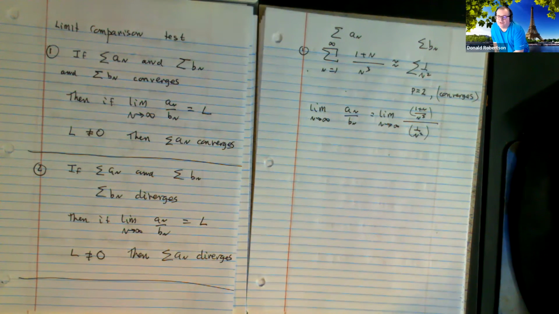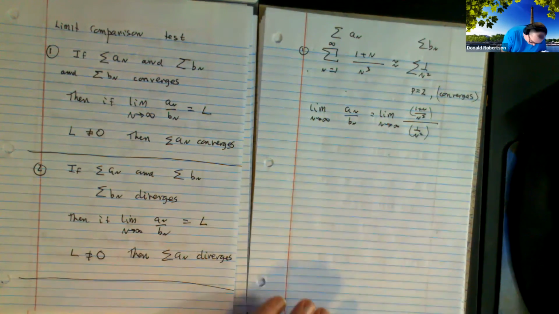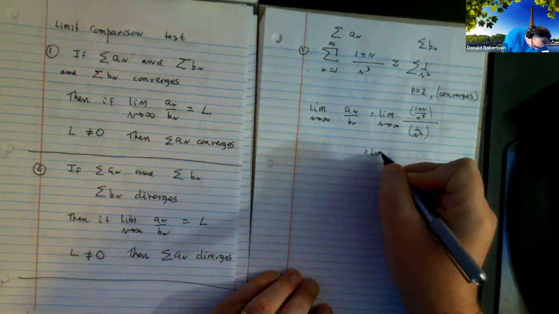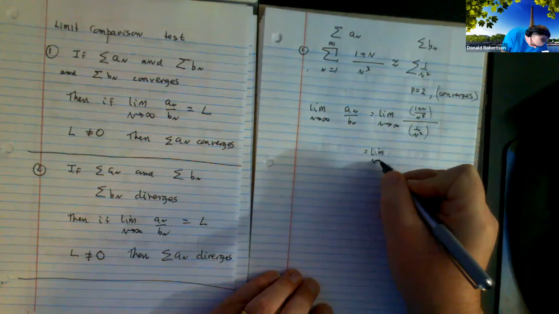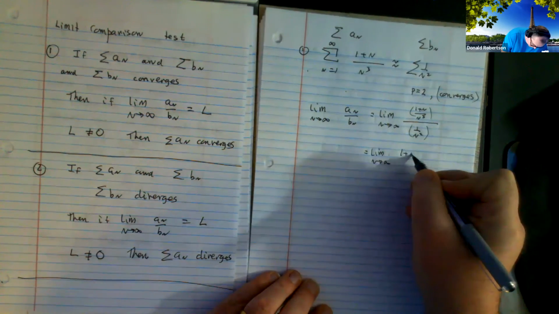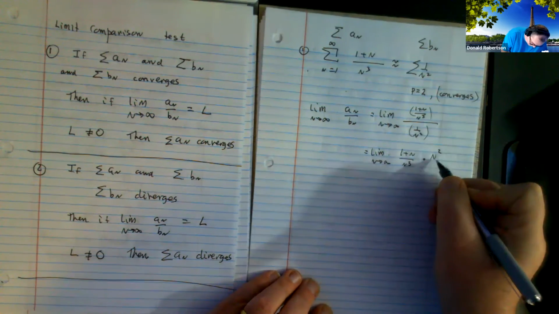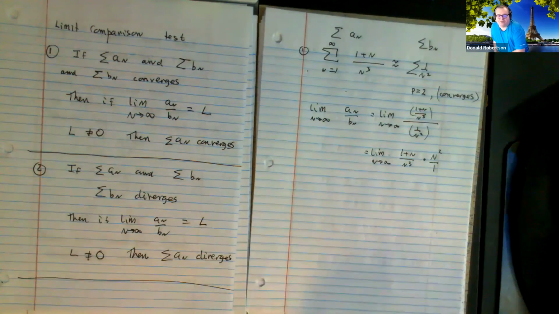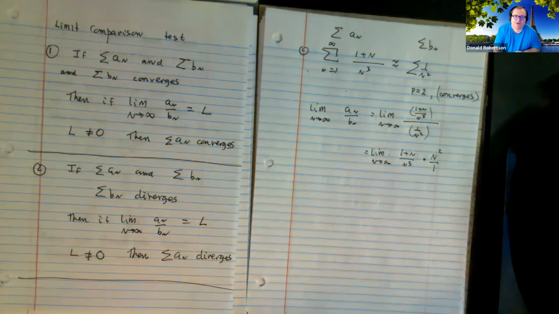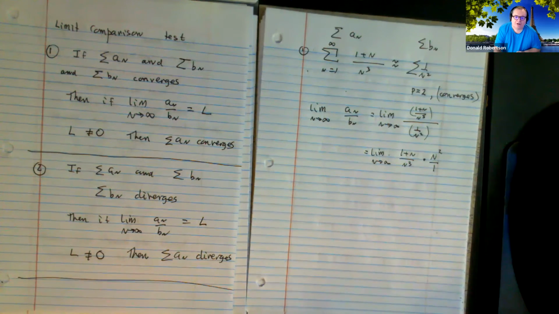And almost all of these are going to be ugly fraction divided by ugly fraction. So this is the first thing I would do algebraic. Isn't dividing by 1 over n squared the same thing as multiplying by its reciprocal, n squared over 1?